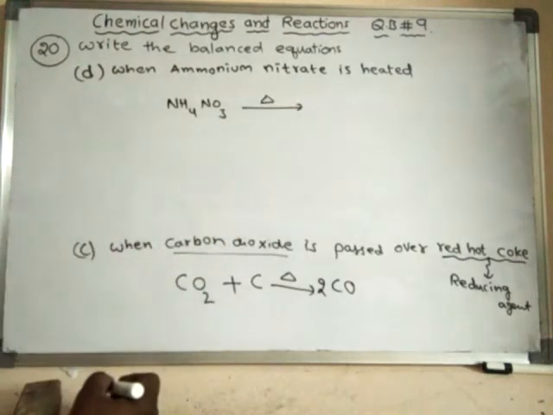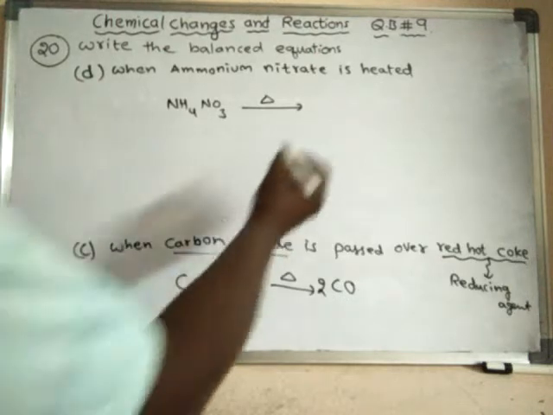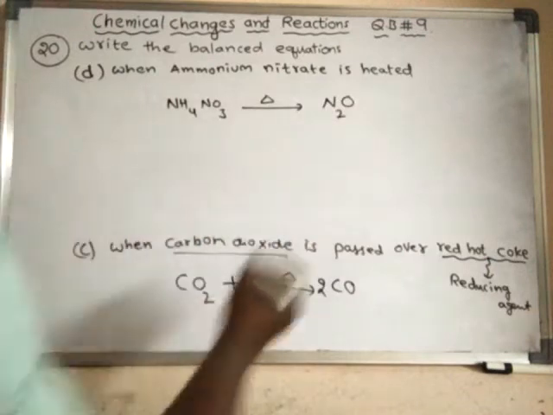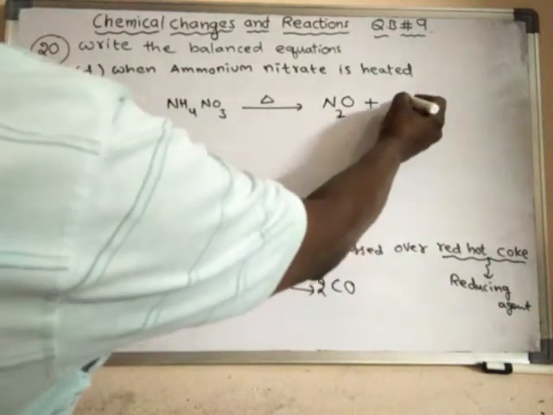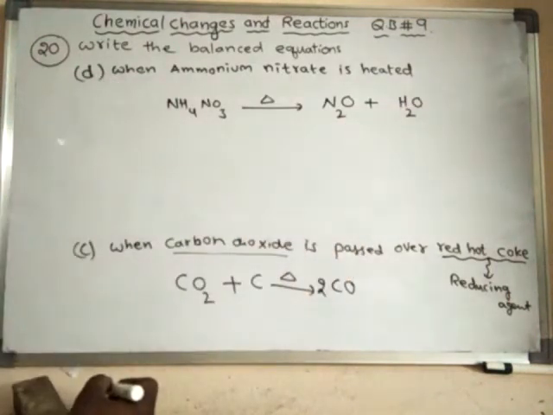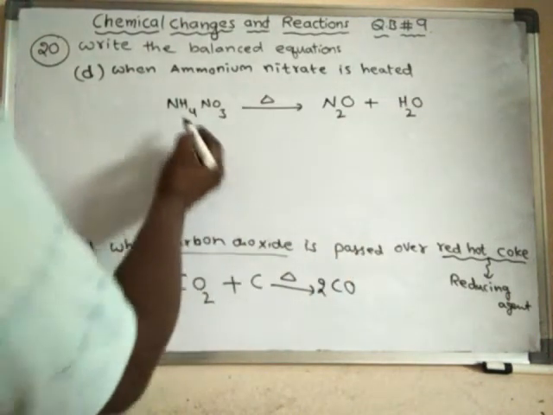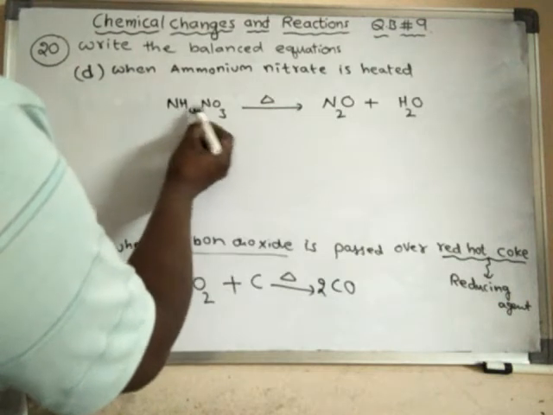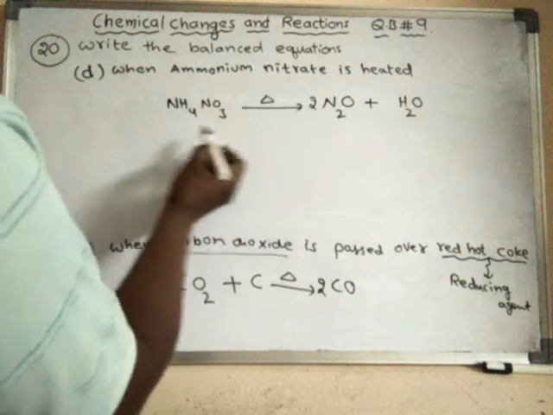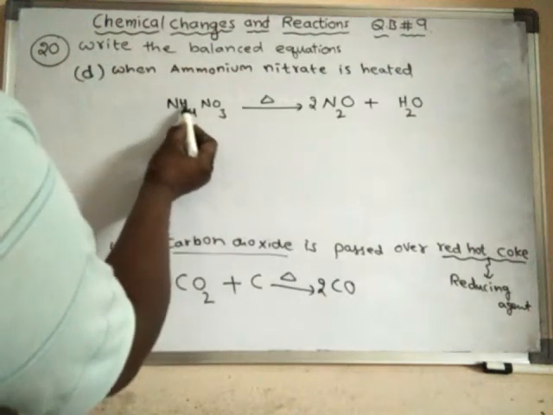It explodes, or else it breaks down into nitrous oxide, laughing gas, and water vapor is released. Now, how many nitrogens are there? Two nitrogens, so two N2O.